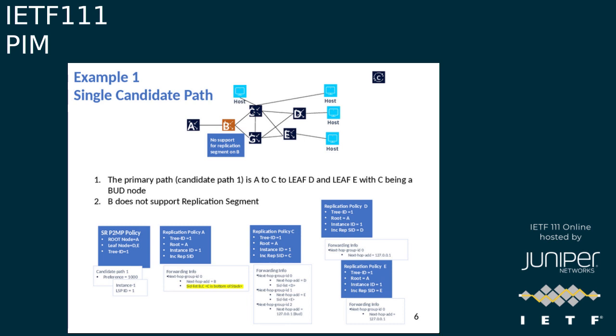So again, the forwarding instructions are associated with the path instances, and the reason for that is that we were hoping to achieve global revertive behavior or global optimization. That's why we have two path instances under each candidate path. If there is optimization done from the PCE perspective, it's going to nail down a second tree with its own replication segments and forwarding instructions, and then it can do a make-before-break on the head end to this backup tree.